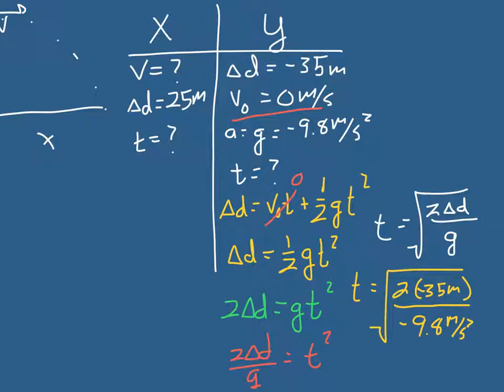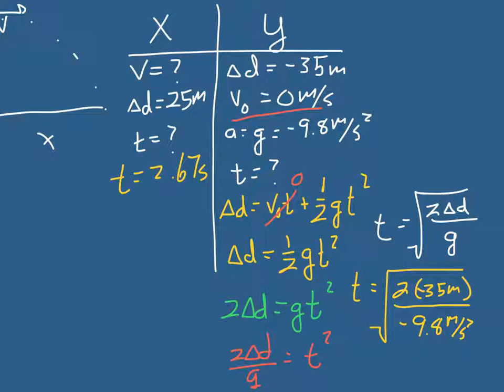Then I do the square root of all of that to get my time. I plug it all into my calculator and I get an answer of time equaling 2.67 seconds. I wrote it over here on the x side because the time is the same on both of them, so it doesn't matter whether I write it on the x or the y side.